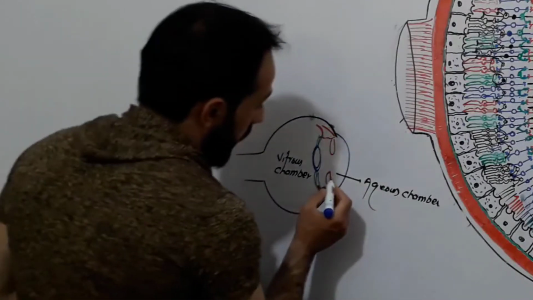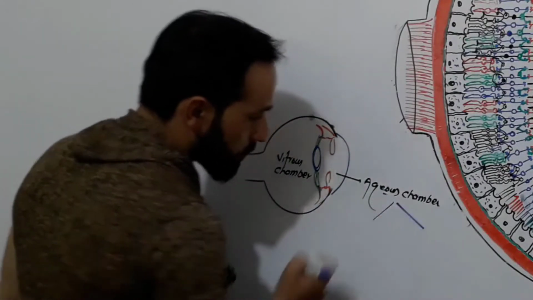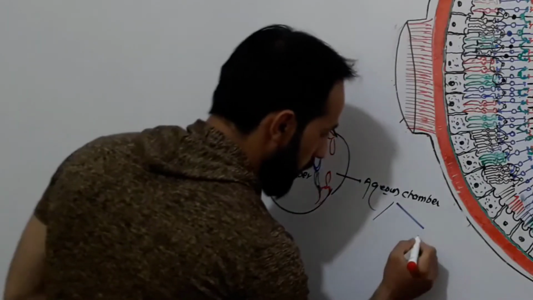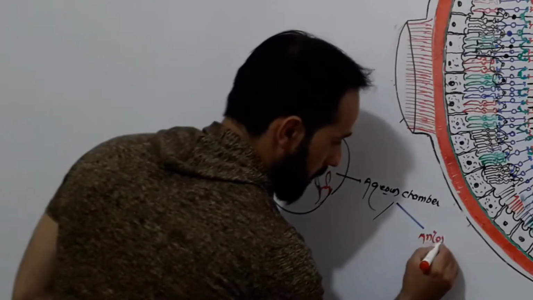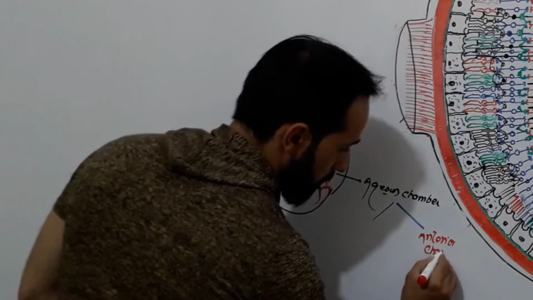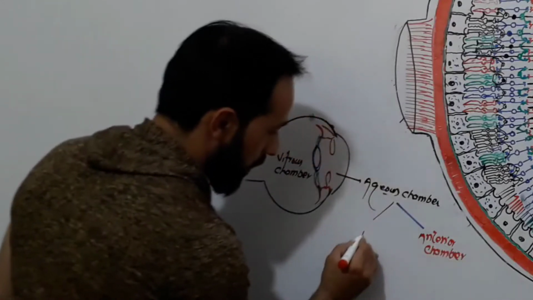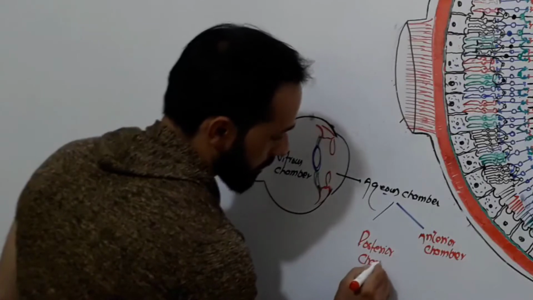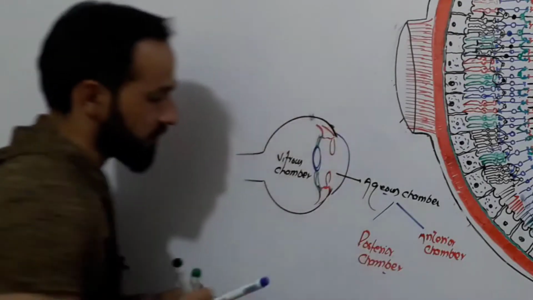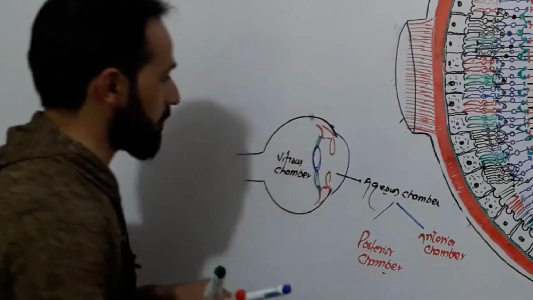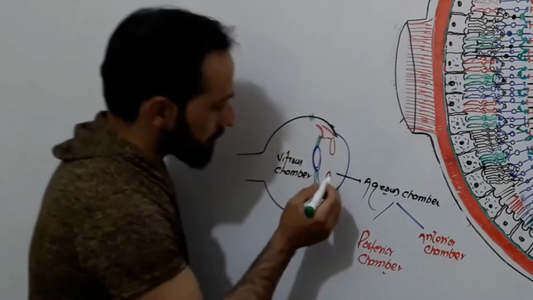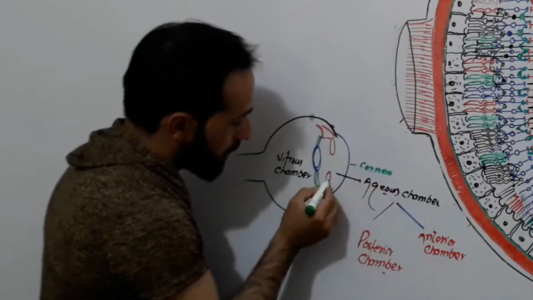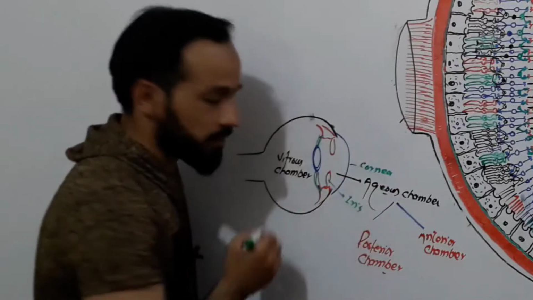Now this chamber is divided into two sub chambers: one is the anterior chamber and one is the posterior chamber. We should have the basics of it, then we will go into detail of the aqueous humor. Now look carefully. This is your cornea, and this is your iris.